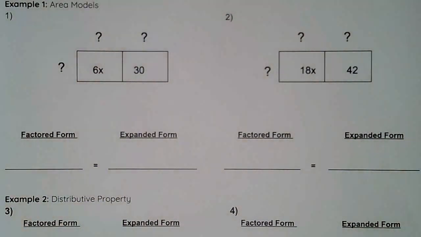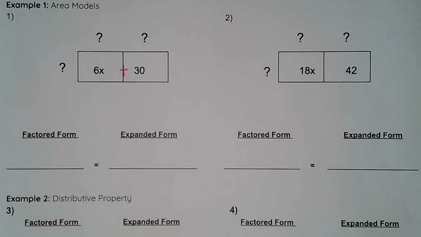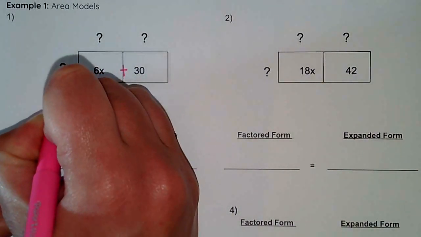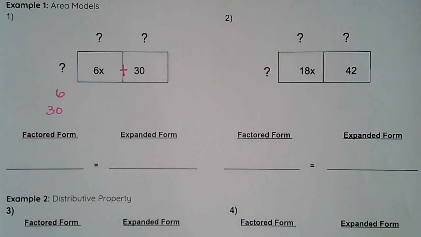So we've got 6x and 30. If we don't have a symbol here, we're going to assume that it's adding. We need to determine what goes into both of those numbers. One way that we can do that if we don't see something off the bat is write out our factors. I want the greatest factor that they have in common.